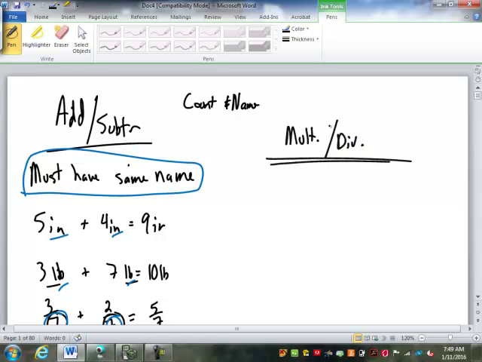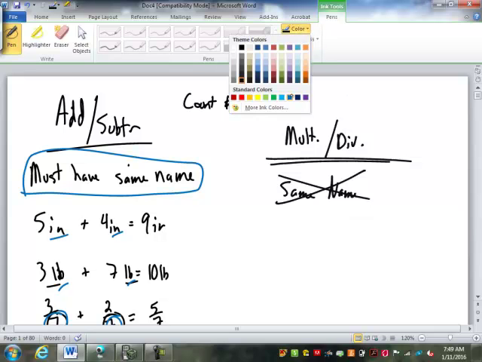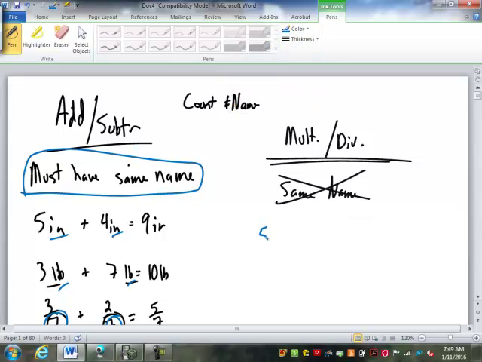Multiplication and division, do we need the same name? No, we do not. We can multiply 5 feet times 3 pounds and get 15 foot-pounds.